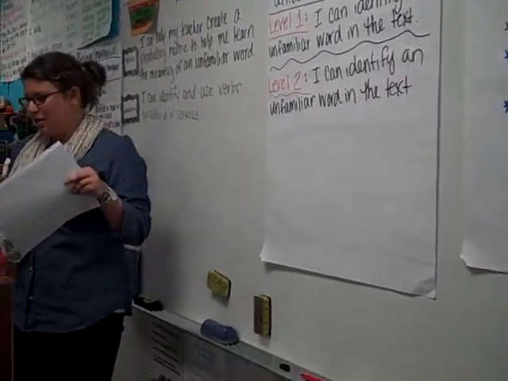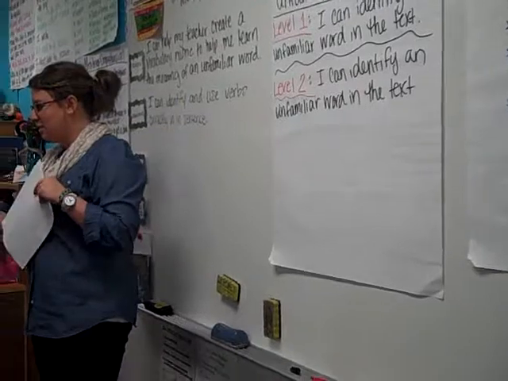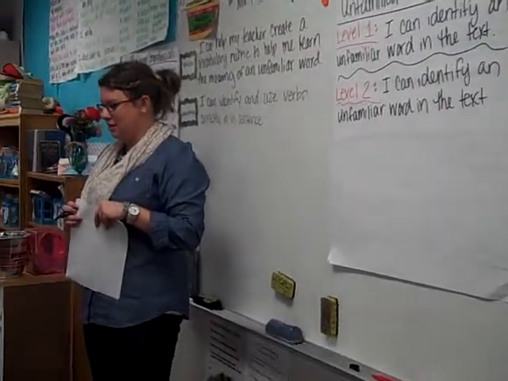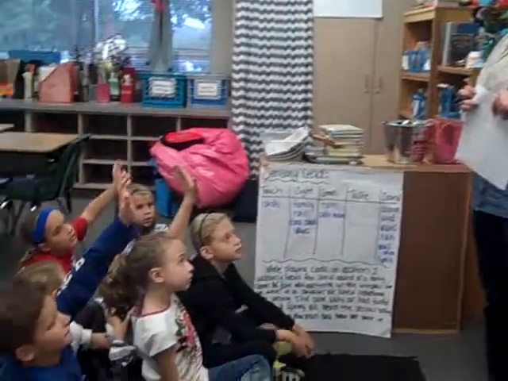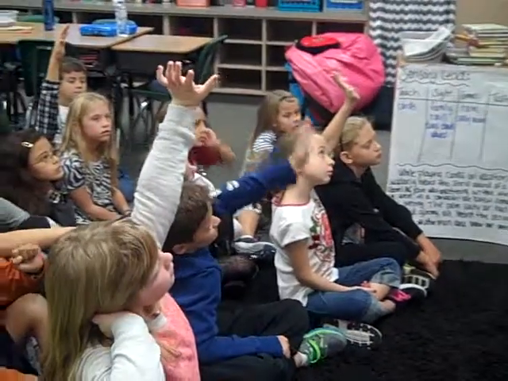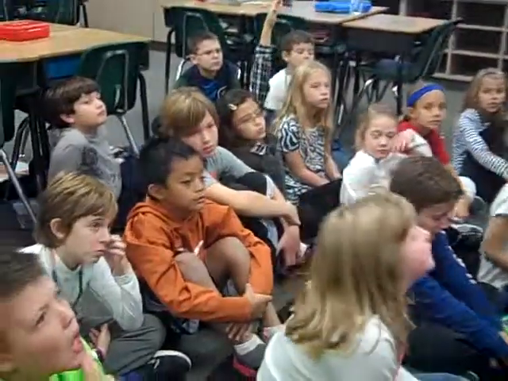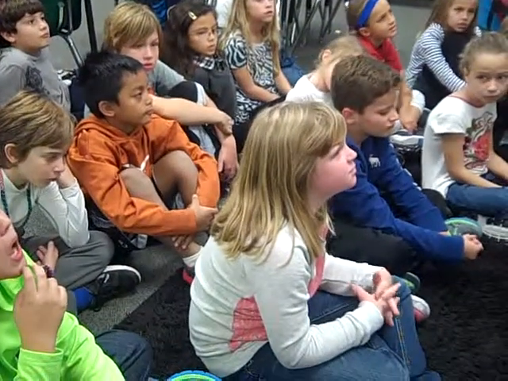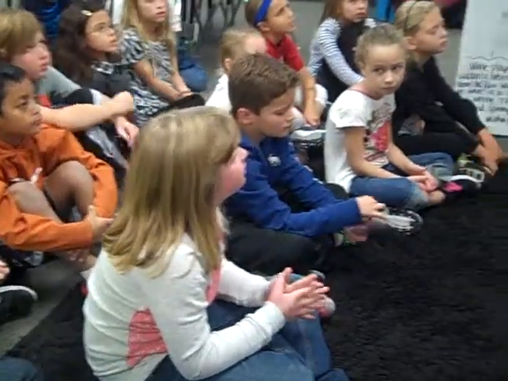So if you find an unfamiliar word, what is something that most people do instead of using their strategies? And instead of just reading right past it, what is something you could do? Madison? Well, usually people, instead of just using their strategies, sometimes they just go right to the dictionary or the internet.